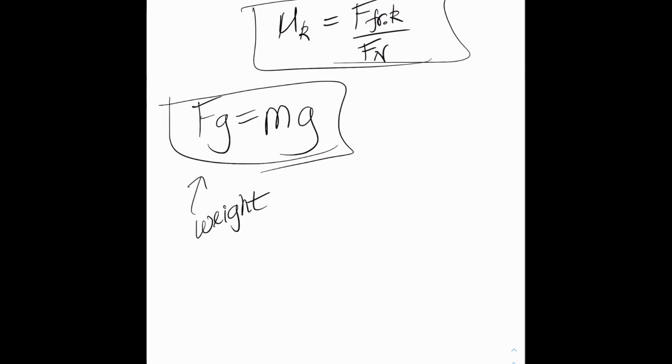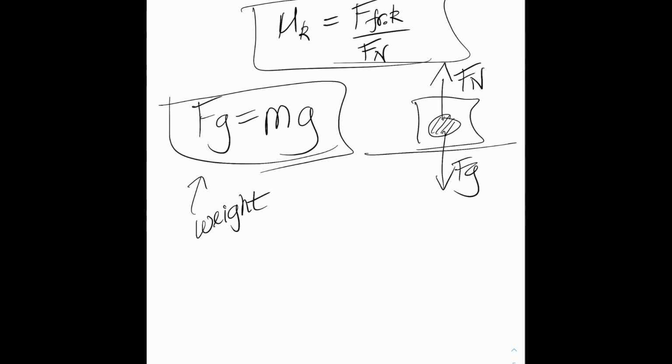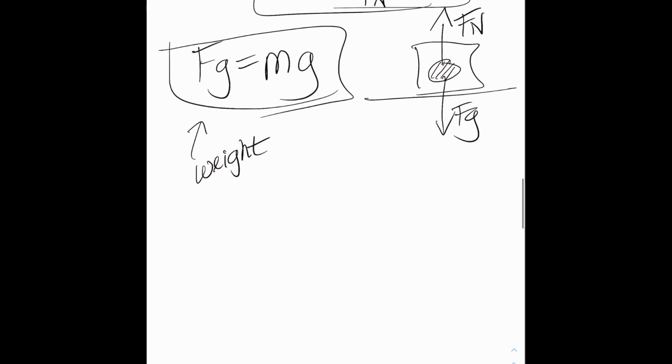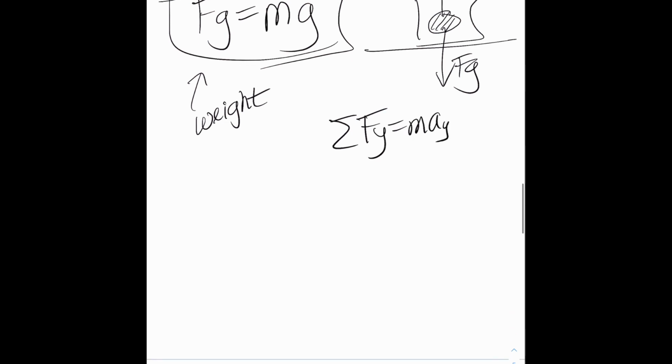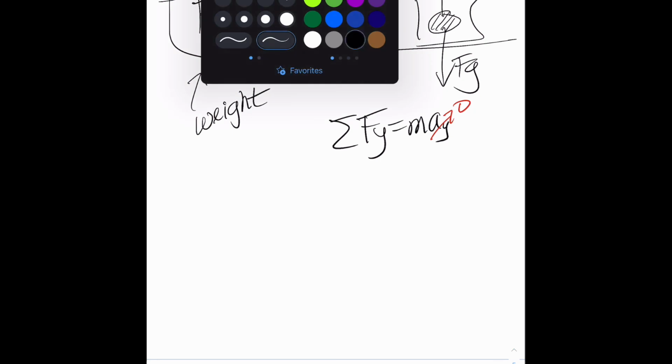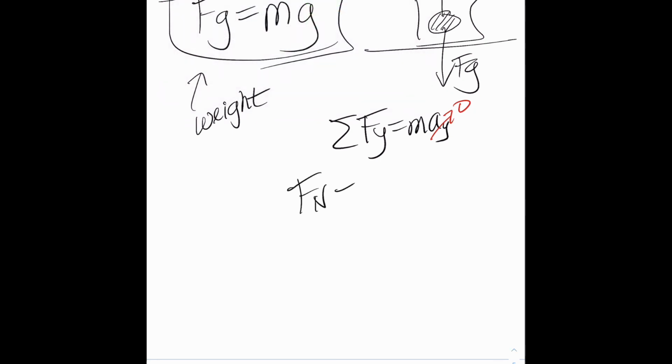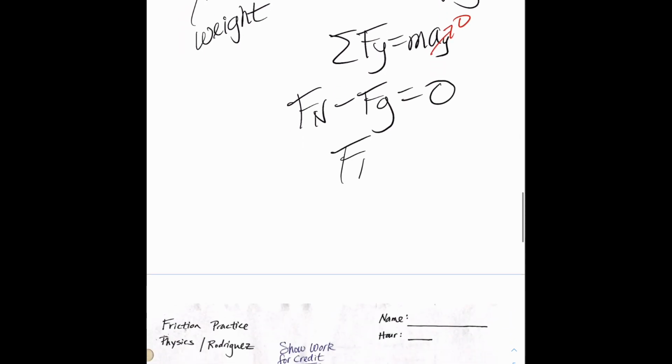And then a lot of times, if the object is just sitting here like this, then Fg will equal Fn. In that case, the sum of the forces in the y direction is equal to may. It's not accelerating, so therefore ay is 0. We can plug in our forces. Force normal points up, force gravity points down. This is 0 now, and we can see Fn is equal to Fg in a lot of cases.